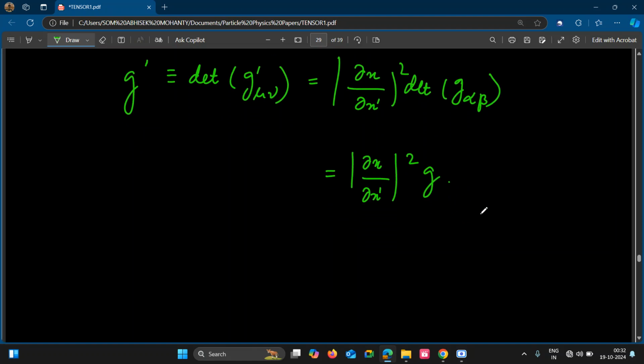The determinant of a metric tensor is negative in spaces having Lorentz transformation and all. So we can write minus g' is equal to (∂x/∂x')² times minus g, right? And taking the root on both sides, we get this.